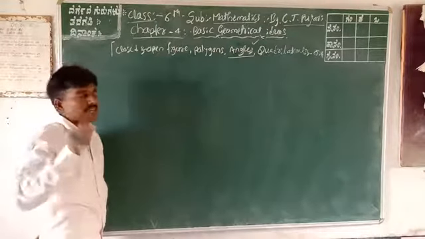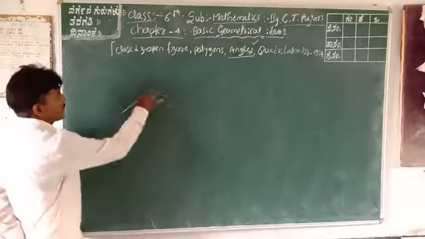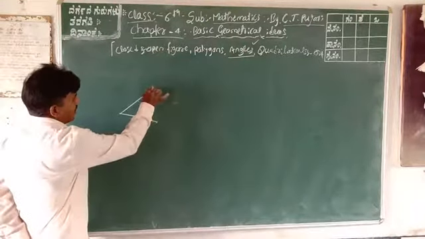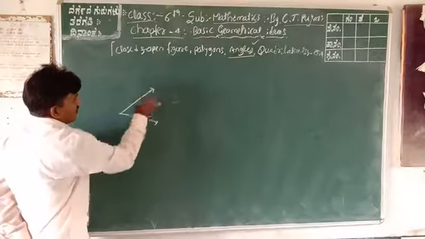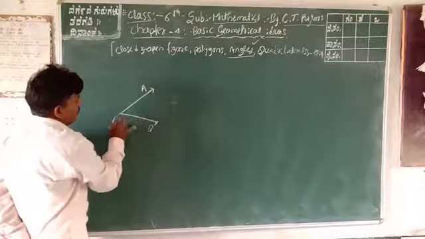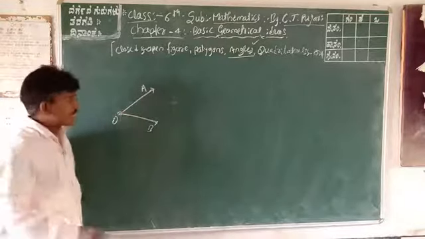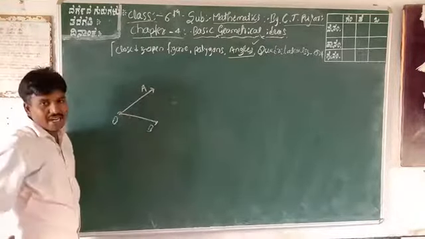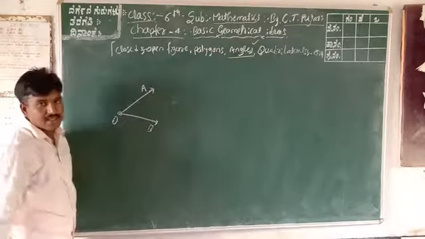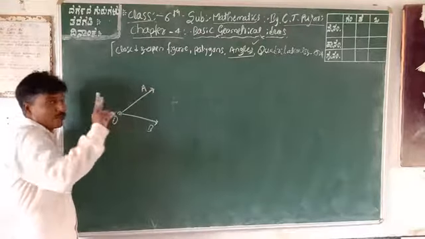For example, this is one angle. A, B, this is O. Consider from our previous class, OA is one ray, OB is one ray. In the given figure, two rays are here.